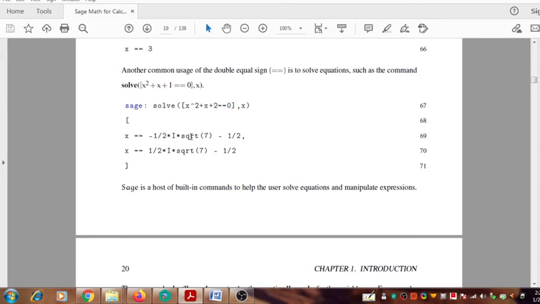You can see that the output will be like x == -1/2 * I * sqrt(7) - 1/2, and the second one again, x == 1/2 * I * sqrt(7) - 1/2. Now a cross-checking of this expression reveals that it's a complex expression.